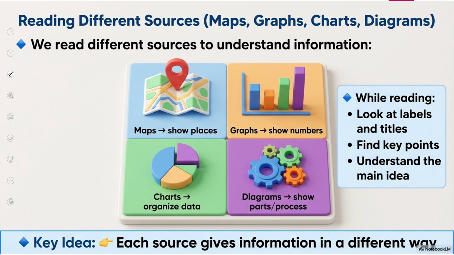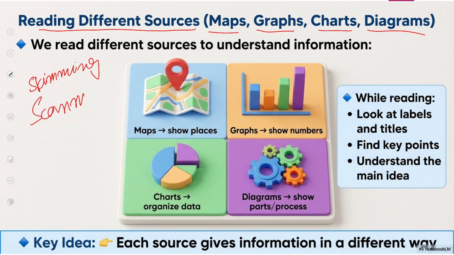Now let's move on. Reading different sources, that is maps, graphs, charts, diagrams. It means that whenever we want to use the two particular skills, skimming and scanning, we usually encounter different types of sources like maps, graphs, charts and diagrams.